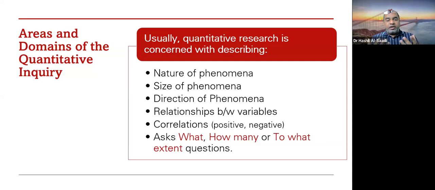So if we talk about social phenomena, educational or humanities, then using the example we have given, the dropout, we need to find out, for example, is this problem bigger among the male students or the female students? You see what I mean? So that we're looking at the direction now.